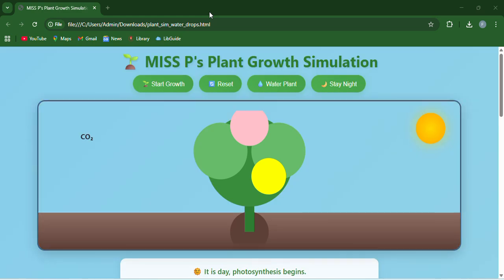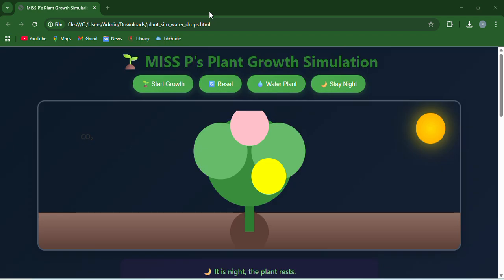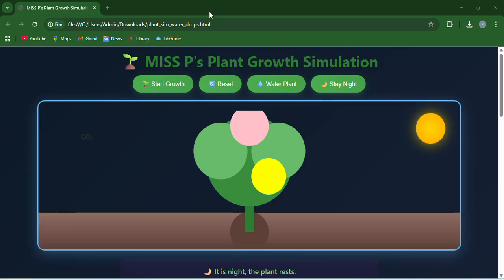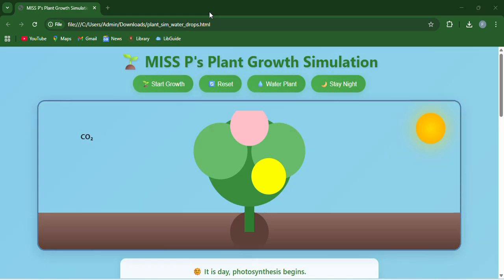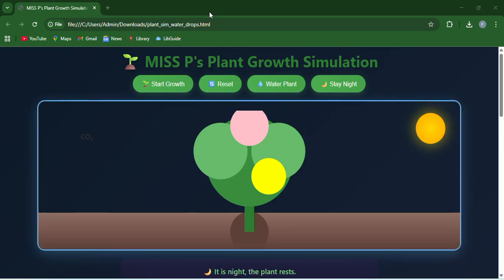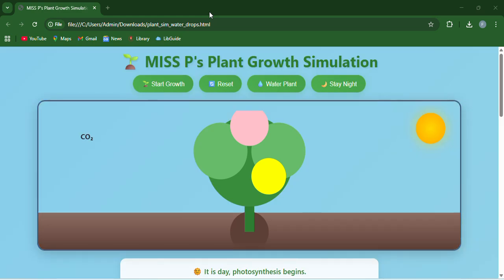For instance, I am going to have some worksheet where I'm going to ask them to predict what will happen if the seed had no water. And also, what if this plant does not receive any light? This is not realistic for me to say that in this world it should stay night. It is very much impossible.